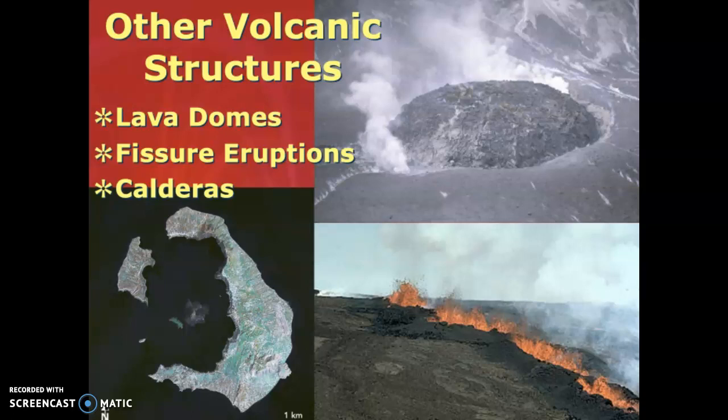The lower left-hand corner is a satellite image of a caldera. Calderas form, you may recall from our last lab exercise before break, when the top of a volcano essentially blows up and the magma chamber partially empties and collapses in on itself.